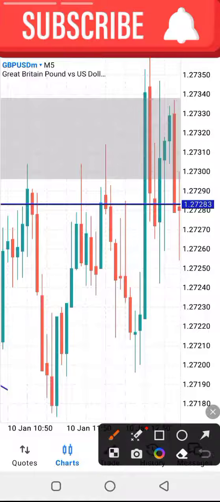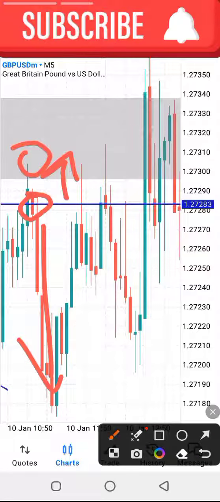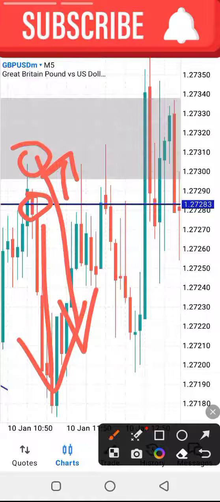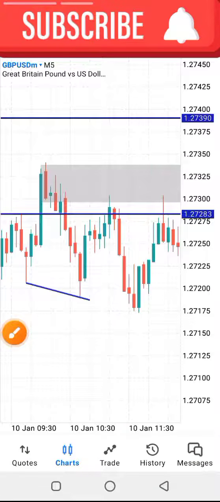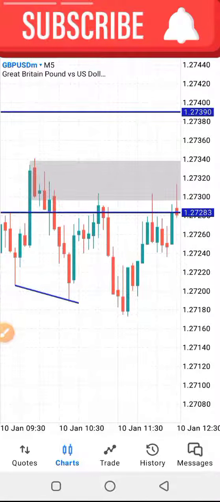As you can see, if you're taking from the supply zone, you would have entered around here instead of the Quasimodo line, which you would have entered around here, and your account will be in negative for some time before it finally moves in your favor. But if you're taking it from the supply zone, you just have little to no drawdown and price will just move down in your favor. So basically that's the difference between the basic Quasimodo technique and the advanced Quasimodo technique.